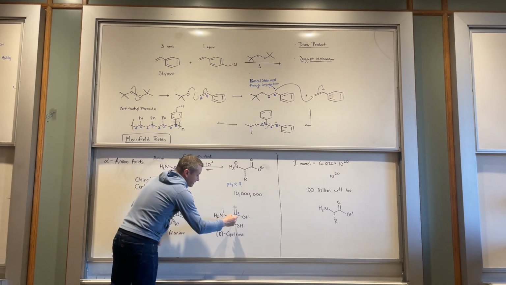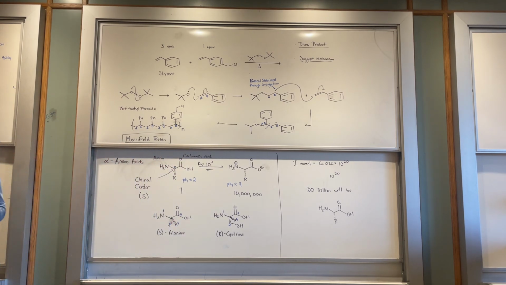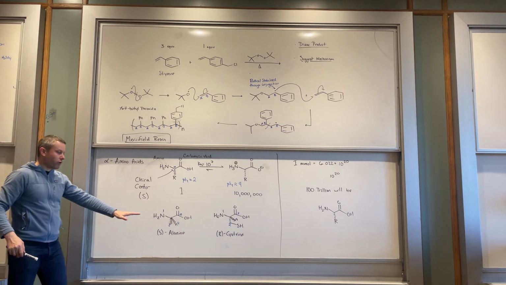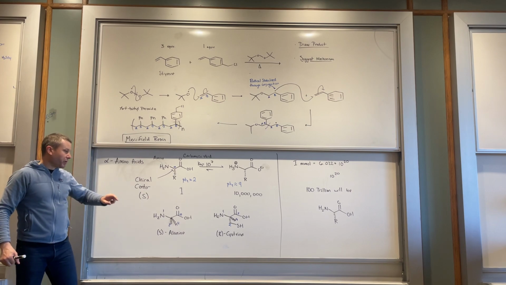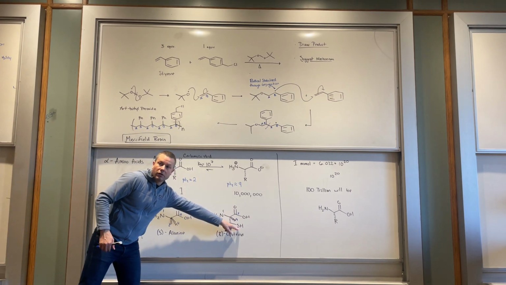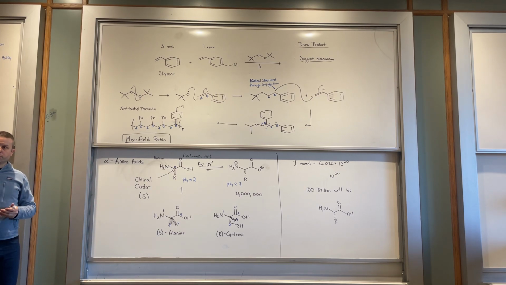So it really comes down to how we account for the priorities or how we identify or name those chiral centers. The overall configuration is the same with the R group going in the same direction. But because we're introducing a sulfur, that's going to switch the priority of the second and third groups. And as a result, that gives us a different way to identify that center as R rather than as being S.